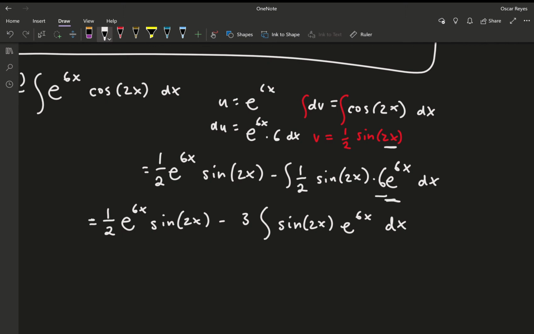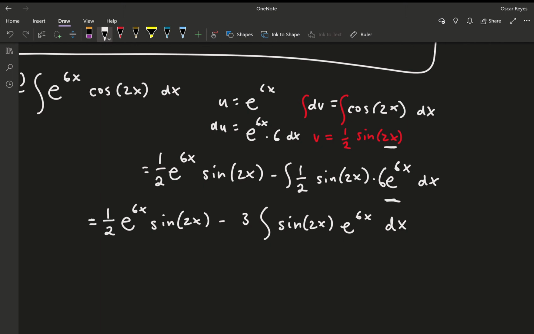Because we took this 6 and the 1/2 and multiplied them together, that gives us 6 over 2, which is 3. We pull that out to start with, because it's going to make things easier and not so messy when we do integration by parts.